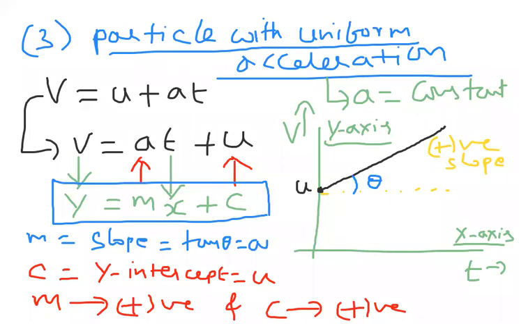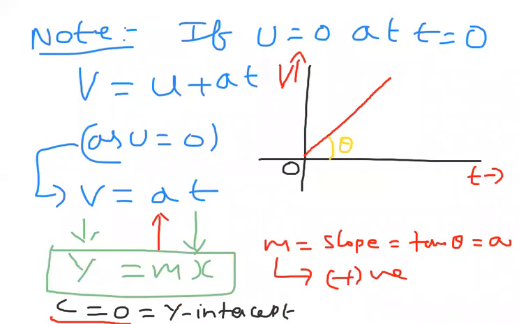Now, next one. After this, we took some note points here. If u is equal to 0 at t equal to 0, velocity is taken on the y-axis, time is taken on the x-axis. u equal to 0 at t equal to 0 means you have to start the graph from the origin. And here a is positive, a is the slope. We already know that positive slope means the graph rises.